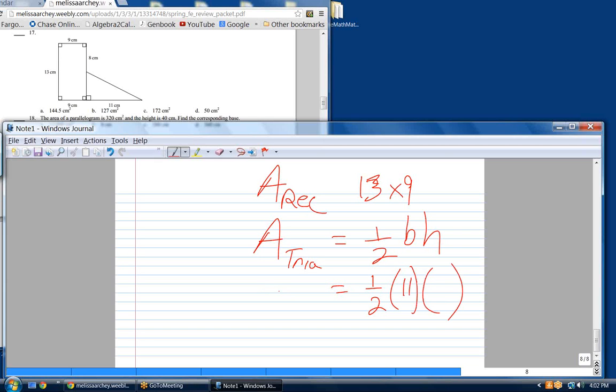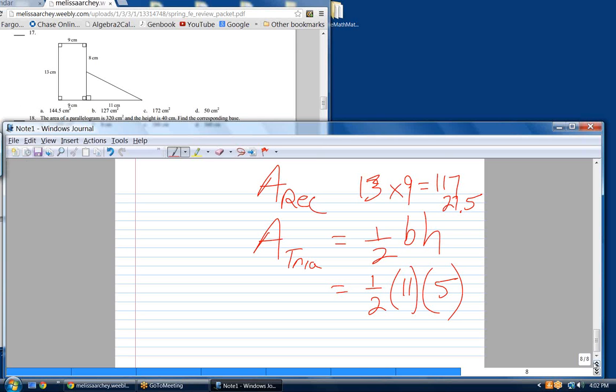The height is 5. So the answer is 13 times 9, which is 117, plus half of 55, which is 27.5. That adds to 144.5 square centimeters.